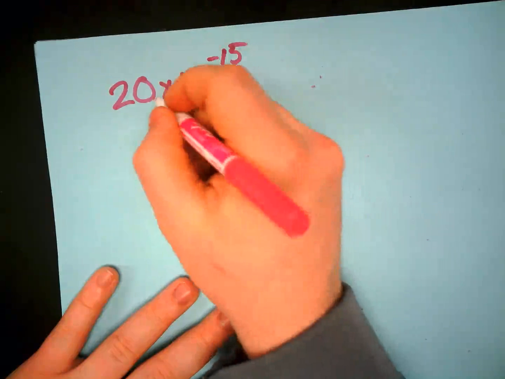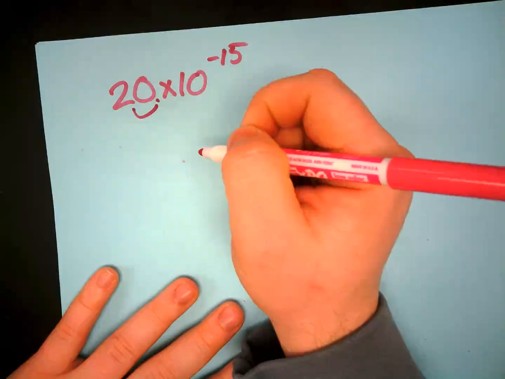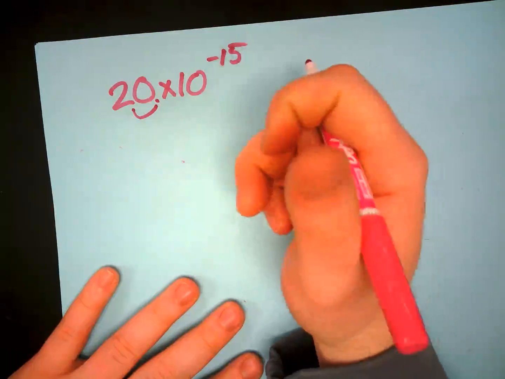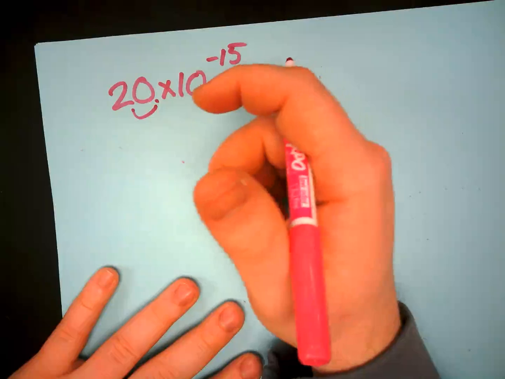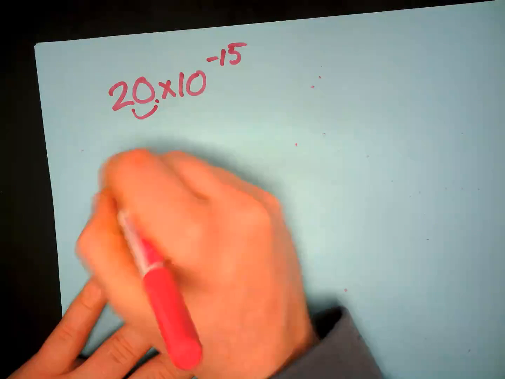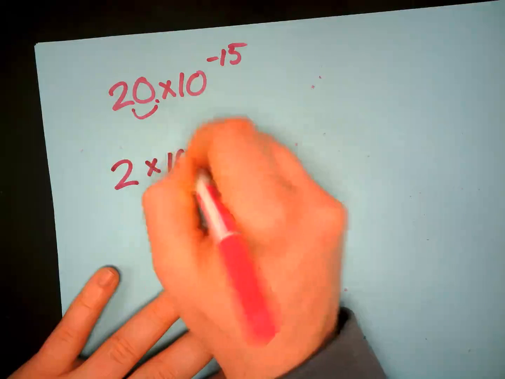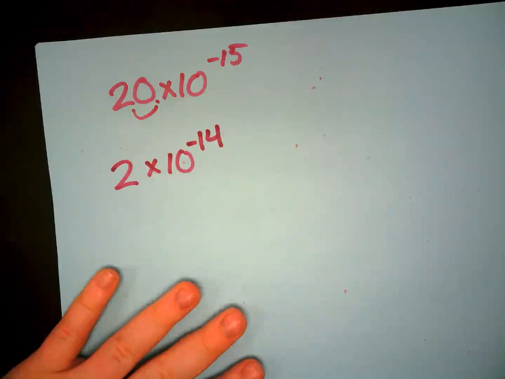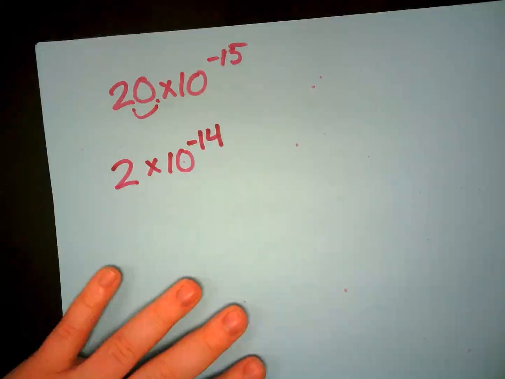So our decimal's here, just got to move it over once. And since we moved it to the left, that's going to be adding to the exponent. So our final answer is just going to be 2 times 10 to the negative 14th power. Okay, because it'd be 15 plus 1.